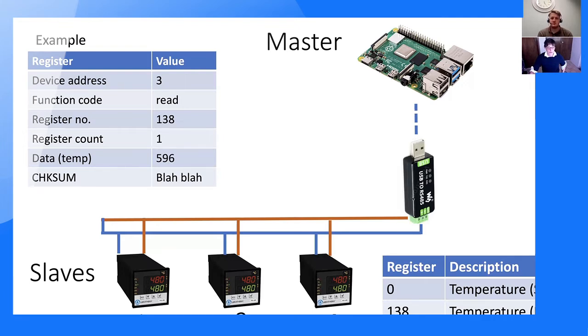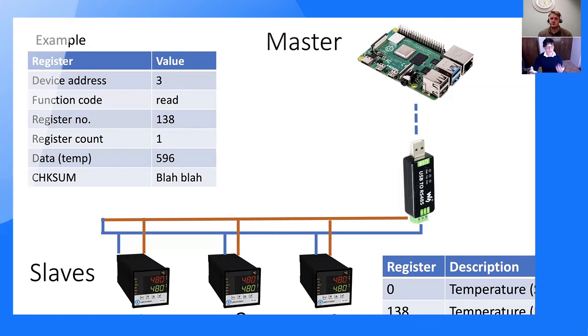The message would be sent through the converter and arrive at device 3, and the function code would say, okay, this is a read request, and it would ask for register number 138 and count just one address from 138. So basically just everything that's in address 138, and get the data, which would be 59.6 degrees, and send that back to the Raspberry Pi.